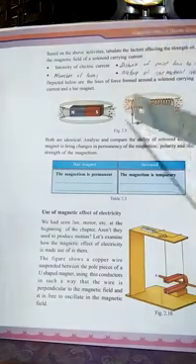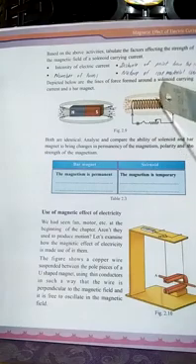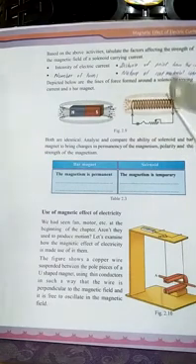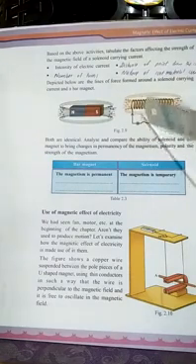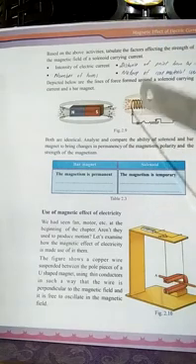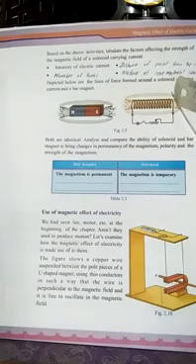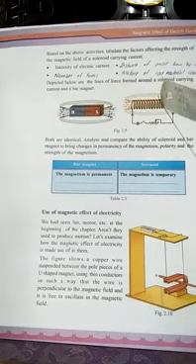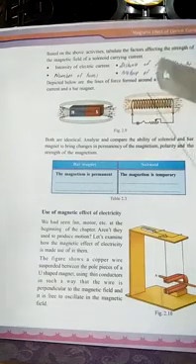The current carrying solenoid retains its magnetic property only till the current flows through it. So this type of magnet is a temporary magnet, and such magnets are called electromagnets.